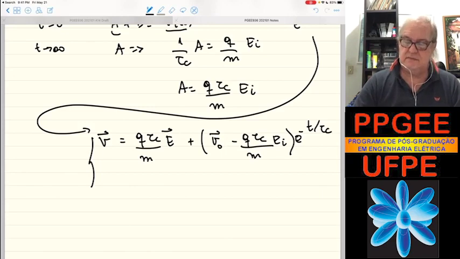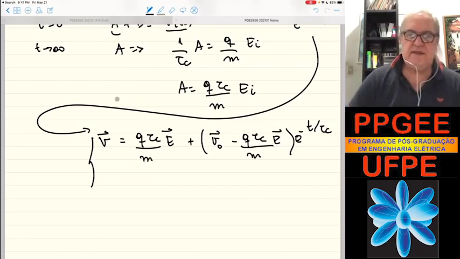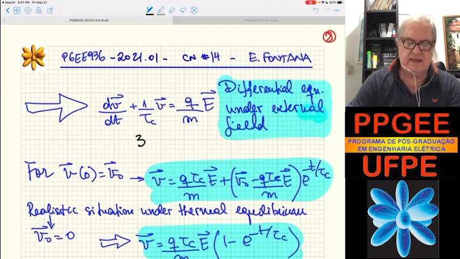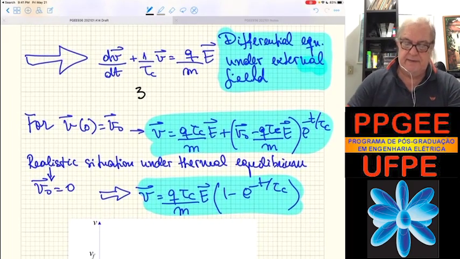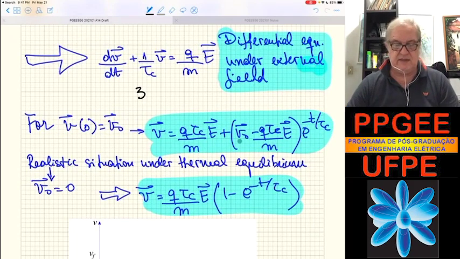V0. You now have a vector solution, right? Which is the solution we got in our class notes. So, if you have initial velocity equal to V0, that's the general solution of this differential equation.